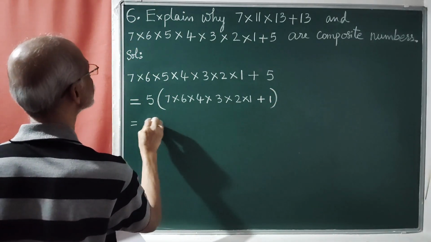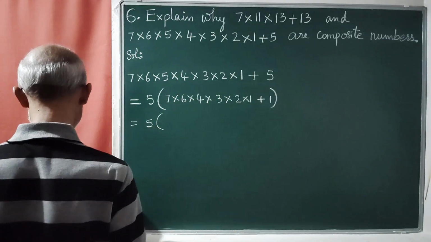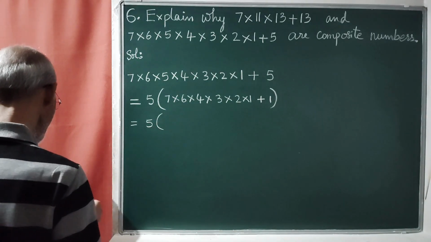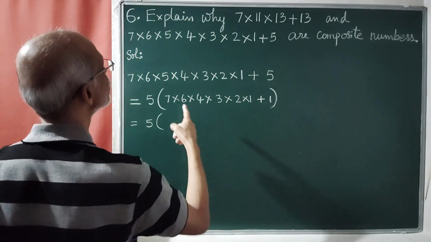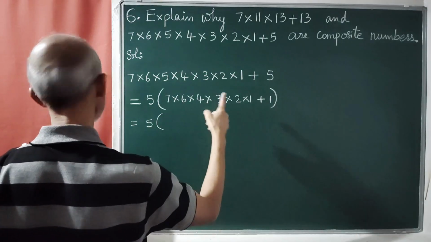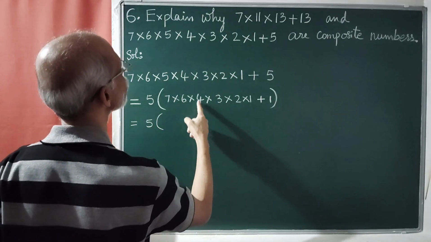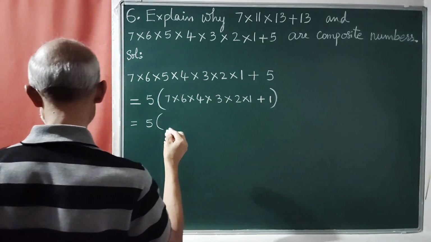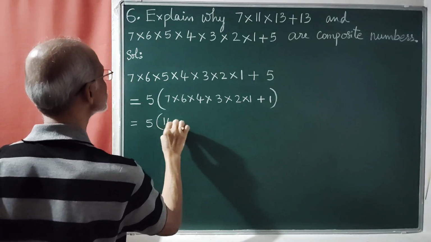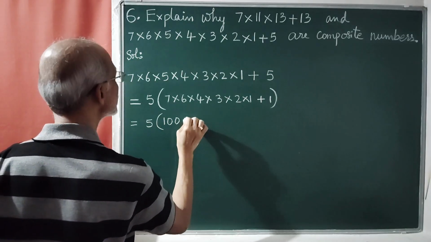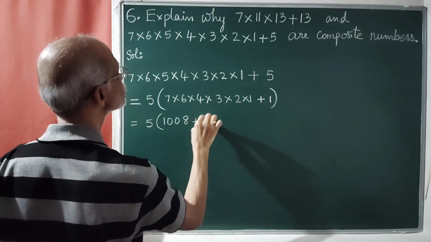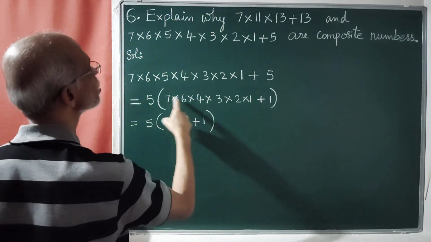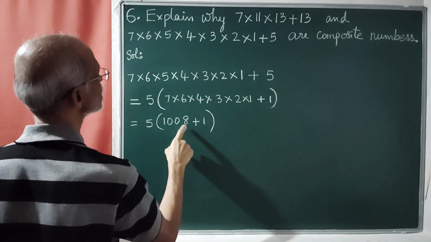This will be equal to 5 into, we multiply 7 into 6 into 4 into 3 into 2 into 1, we get 1008, plus 1. All these will give you 1008.